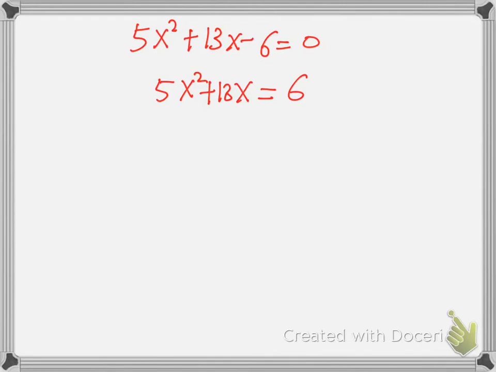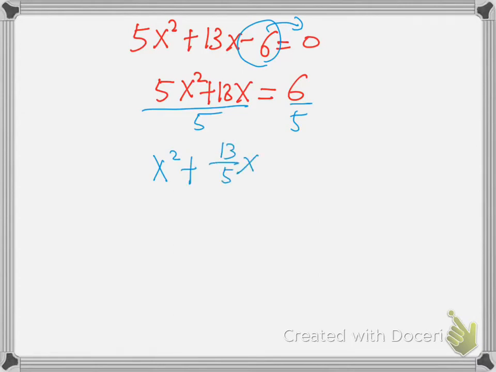Move -6, and you get a 6 on the right hand side. And then we need x squared, so divide both sides by 5. We have x squared plus 13 over 5 x is 6 over 5.